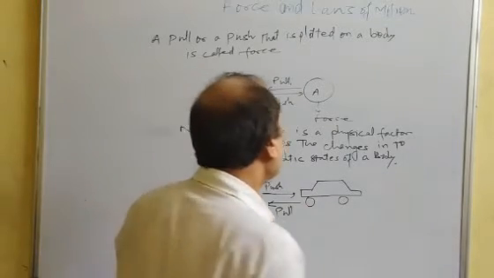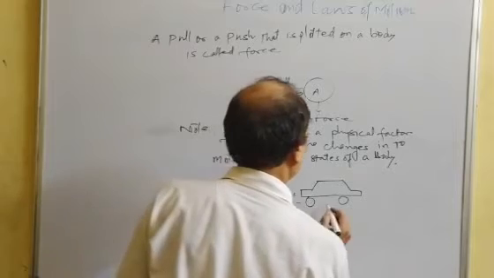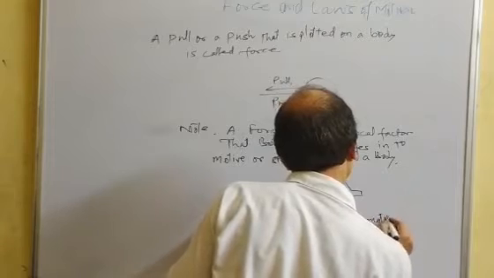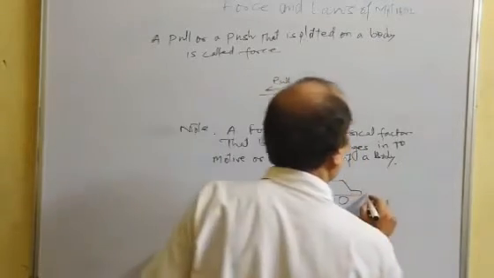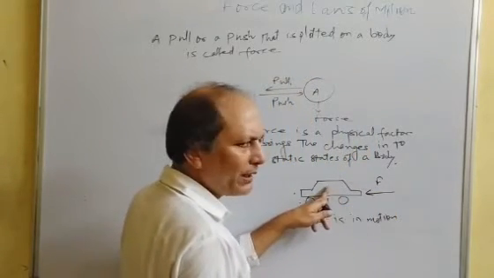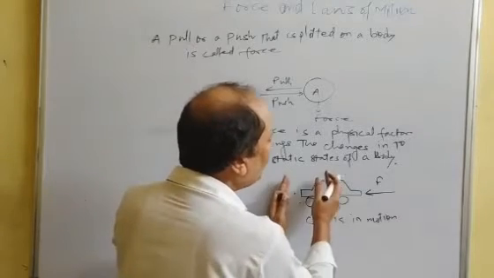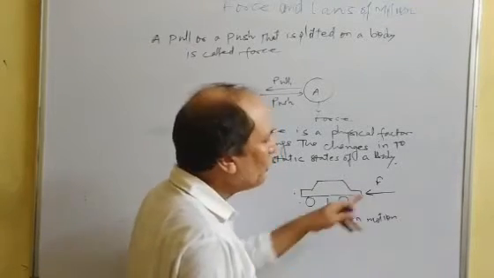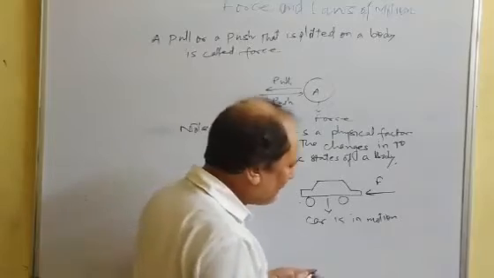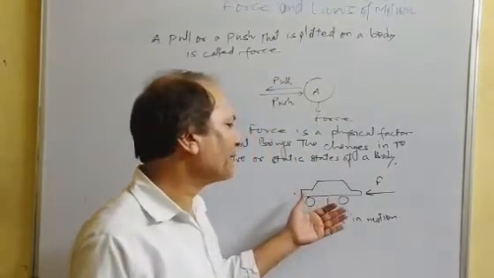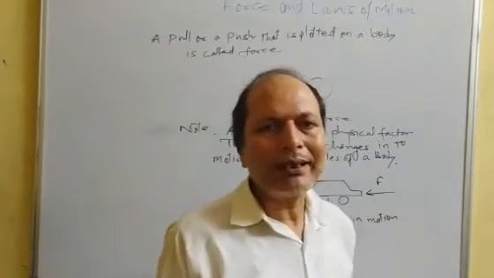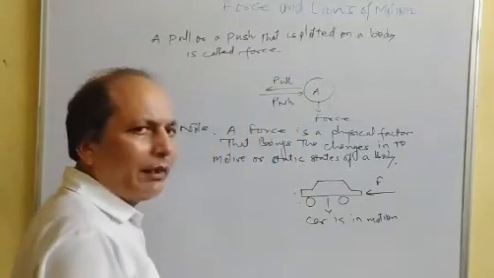Second thing, suppose the car is in motion and you are applying a force in the opposite direction of the motion of the car. It means the car will come to rest. Due to applying force, the car will come into the state of stability, the state of rest. So we can say that force is a physical factor that brings changes into static or motive states of a body.